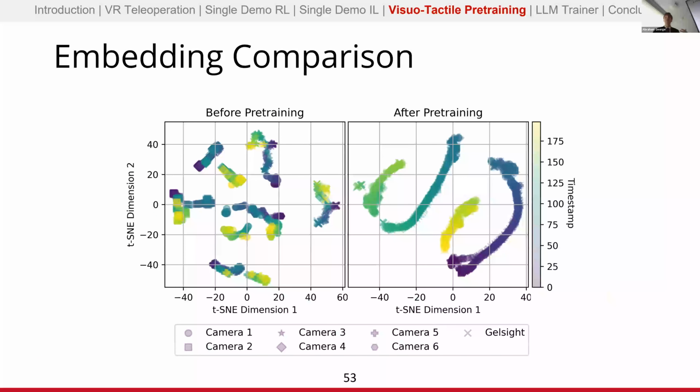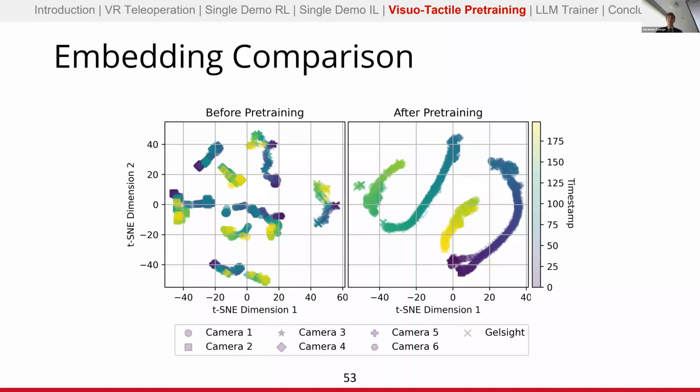So after pre-training, we did an embedding comparison, looking at how our embeddings moved from before pre-training to after pre-training. Here we can see that the embedding spaces aligned, with the gel site embeddings, that's the tactile embeddings, and the vision embeddings for the same time step reaching the same point.